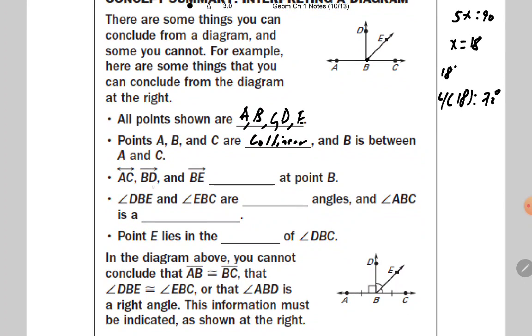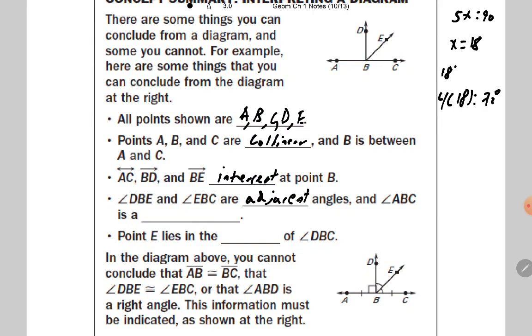Line AC, line BD, and BE intersect. So you can assume that they intersect at B. DBE and EBC are adjacent angles. So just to look here, that's angles 1 and 2 here. They're adjacent angles. They're angles that are next to each other.